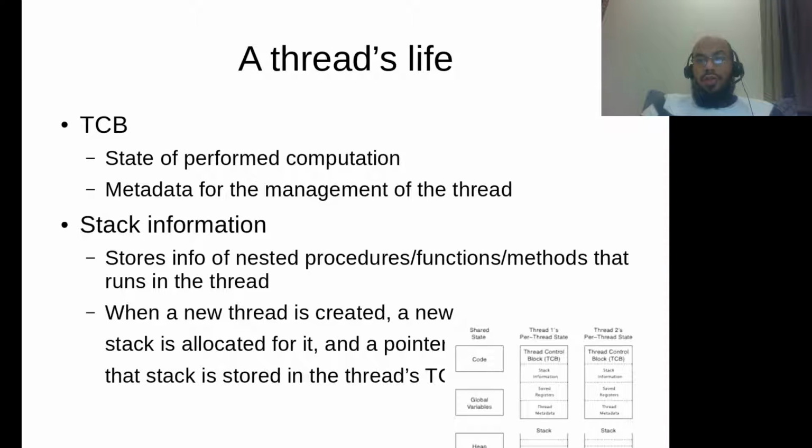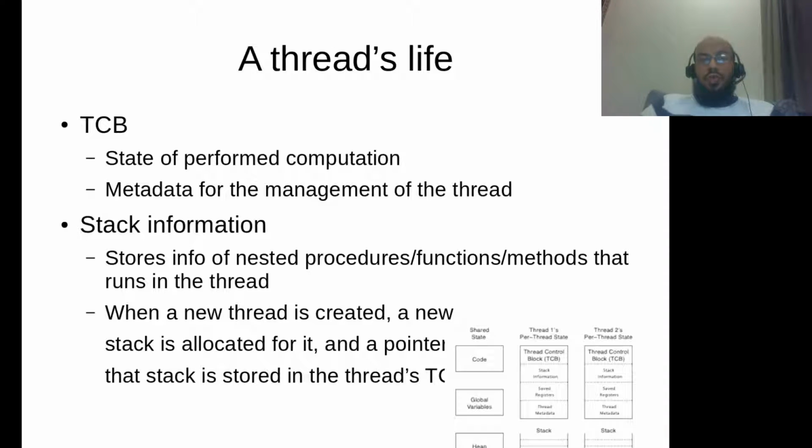Whenever a new thread is started, you allocate some part of the memory in a very similar way to the PCB. You have a heap and stack per thread, and that is used for the thread to function, to do what it is supposed to do.